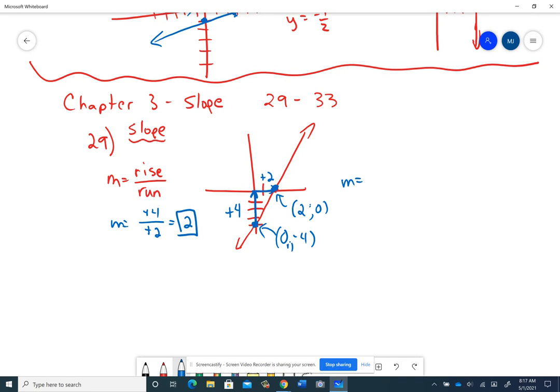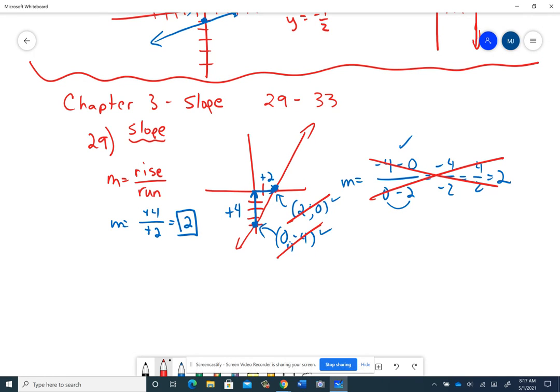And then when you plug into the formula, you'd have to be sure that you plugged in correctly. A lot of times we get this in the wrong order. So if you did it correctly, got the ordered pairs right, set up the formula correctly, and then simplified correctly, you'd eventually get there. But this is not recommended.